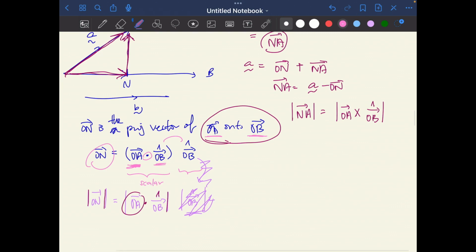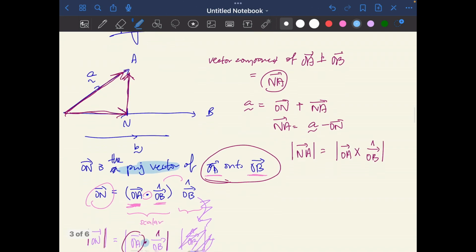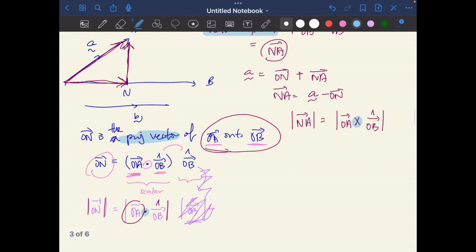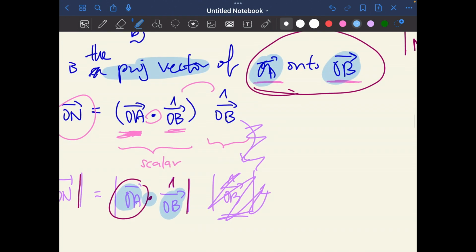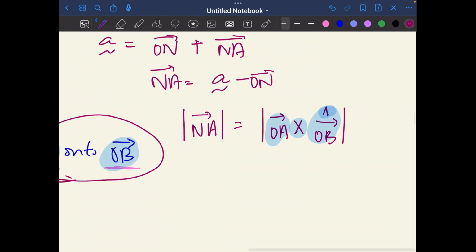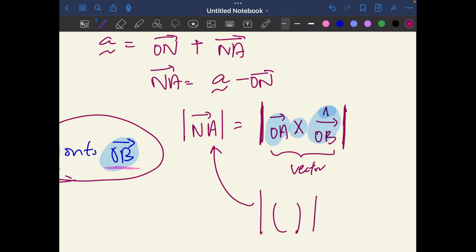Do you see the similarity? Projection vector, I will use a dot, and then vector component I will use a cross. And the order OA and then OB here also applies, OA OB, OA OB. I must remember that OB is a unit vector. OA cross unit vector of OB is actually a vector, but because we have the mod here, you mod the vector which will then give you the magnitude.